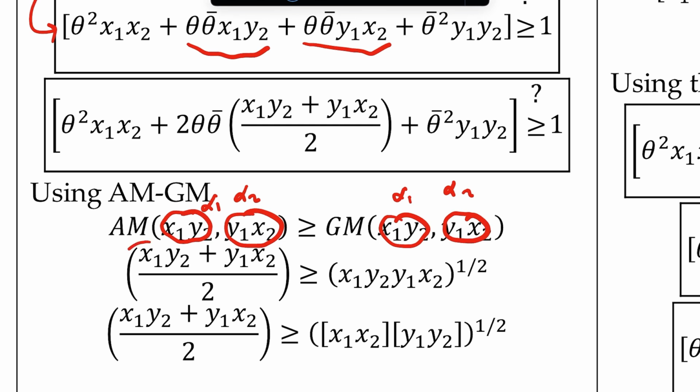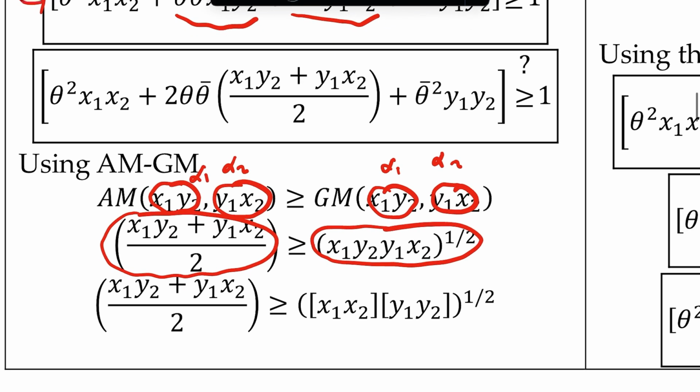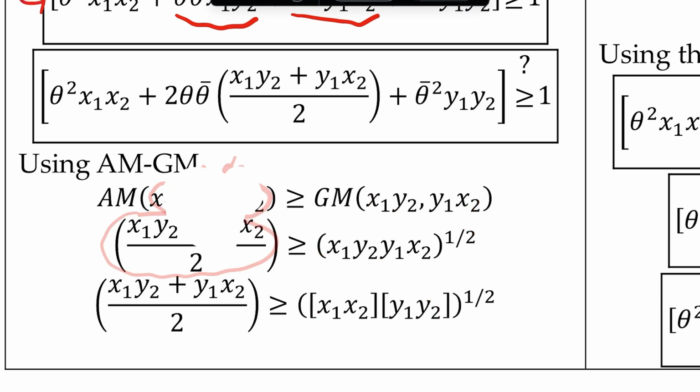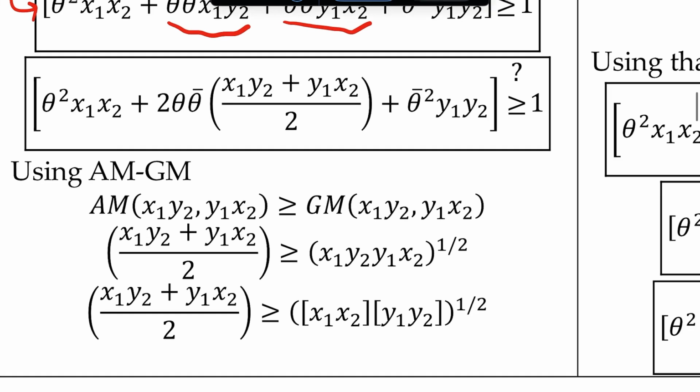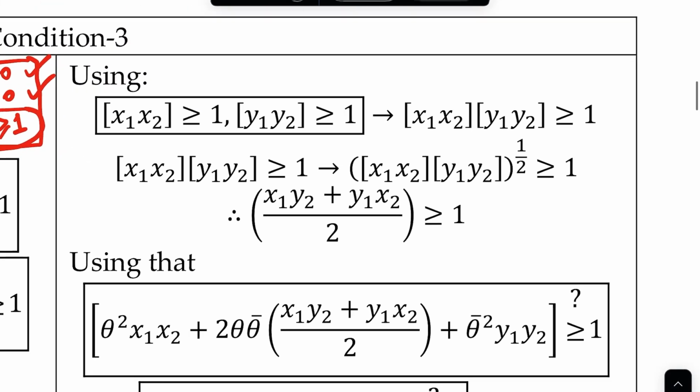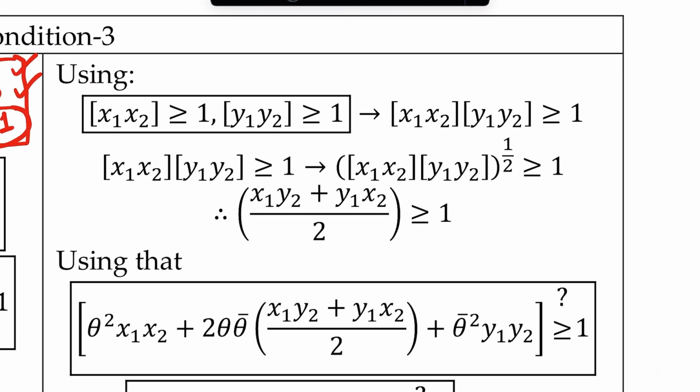So this is the AM, and this is the GM. I am also arranging them in a way that the inequality is useful. So let's continue using these given inequalities.